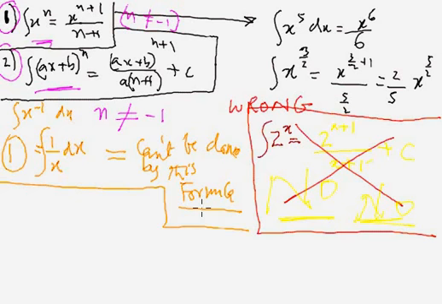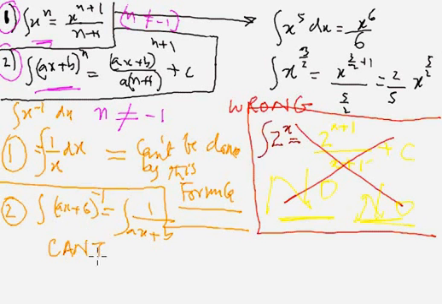And similarly for the second formula, if the question is ax plus b whole power -1, which can be stated as 1 over ax plus b, here n is -1. This cannot be done by this formula.